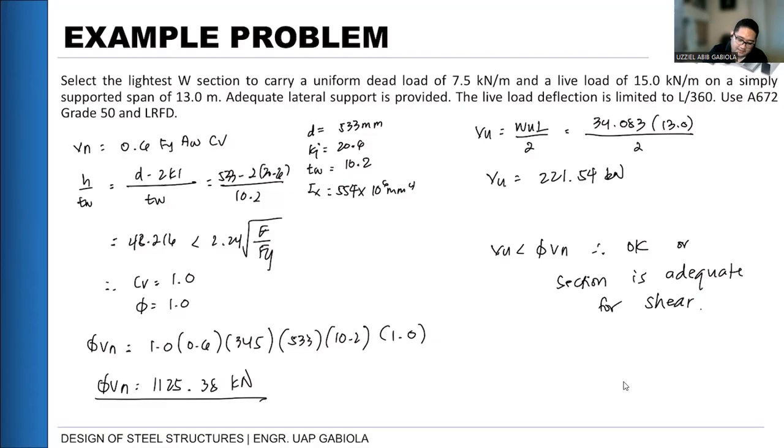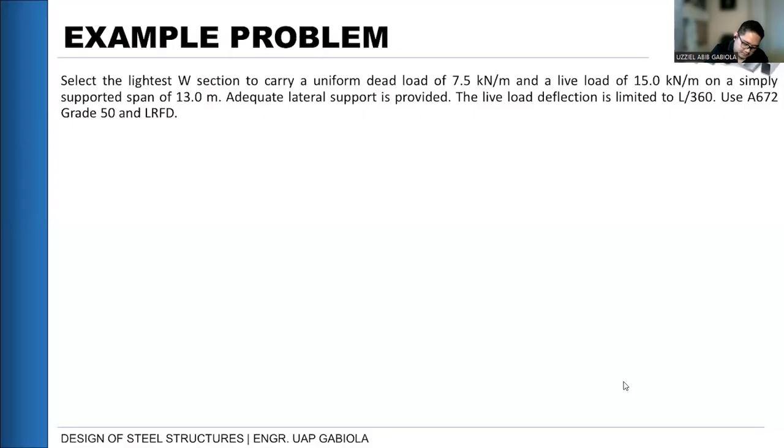Next check is for deflection. Okay? So, yung allowable natin equals to L over 360. So, that is 13,000 mm over 360.